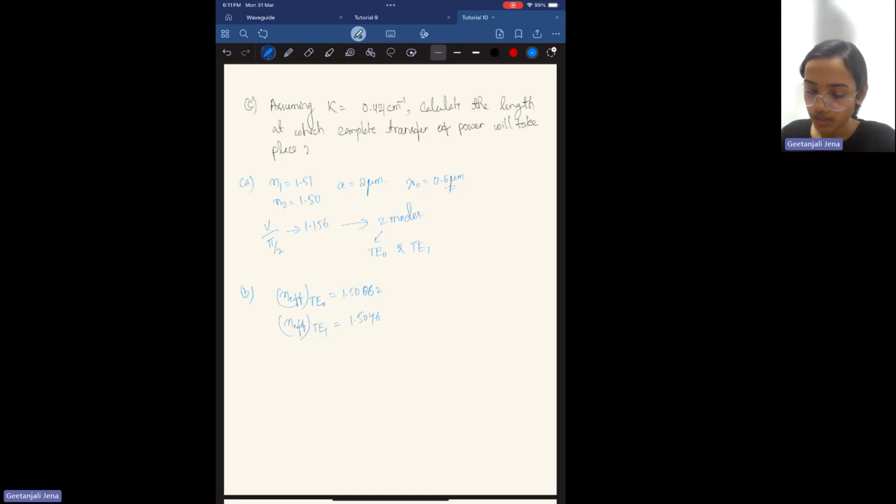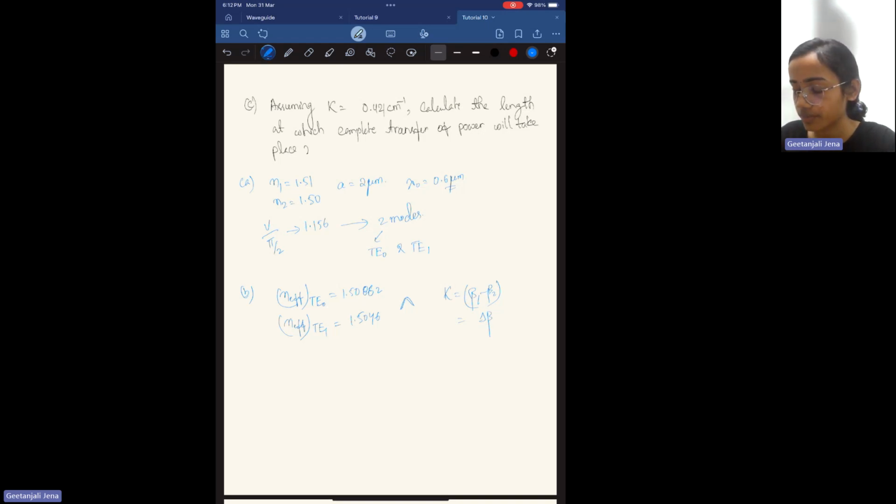The question asks what the grating period of the fiber Bragg grating should be for effective coupling between these two modes. For effective coupling, gamma should be 0, so that kappa is equal to beta 1 minus beta 2, or you can take it as delta beta, which is beta 1 minus beta 2.